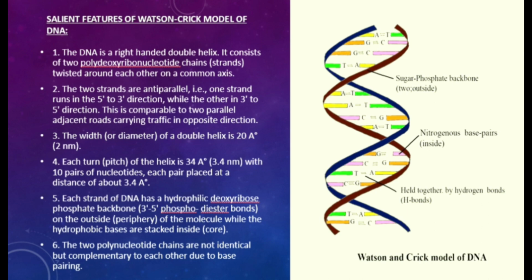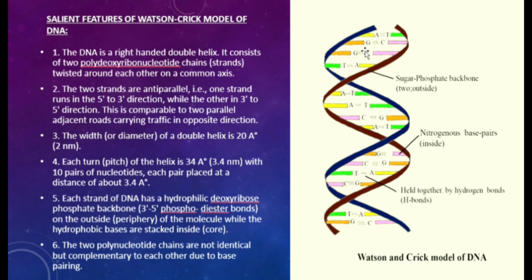The DNA is a right-handed double helix structure. So this consists of two deoxyribonucleotide chains, which are also known as strands, that are twisted around each other with a common axis. You can see a blue strand and a brown strand running around the axis with the nucleotides placed.